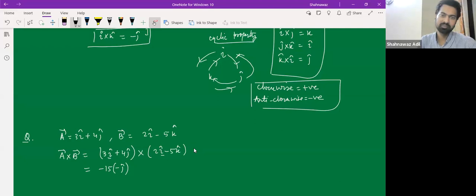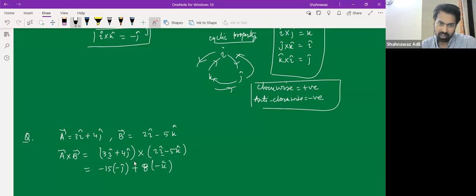Is that correct? Yeah, so this part is clear. And 4j cross 2i, so plus 4 into 2 is 8. And j cross i is how much, Akib? J cross i, minus, right? So minus k.